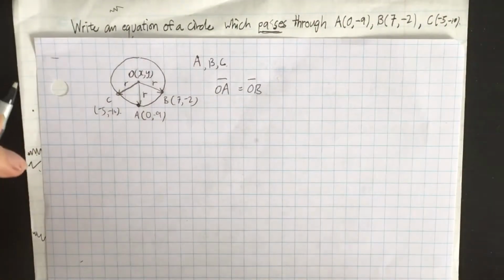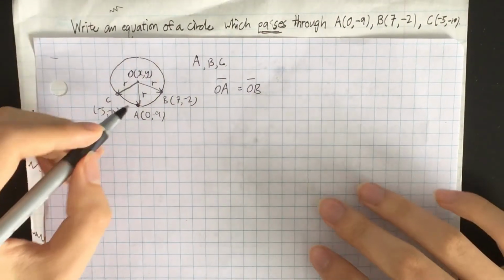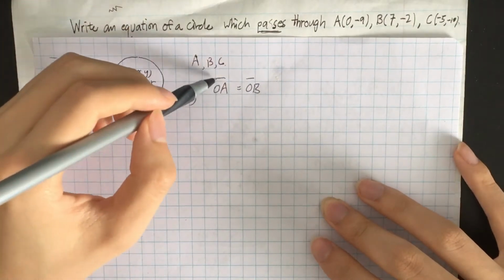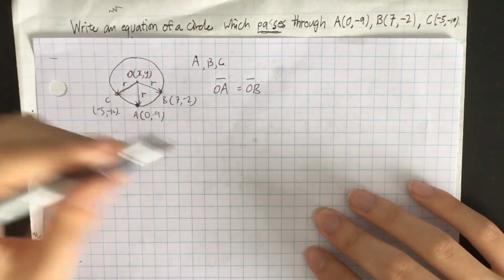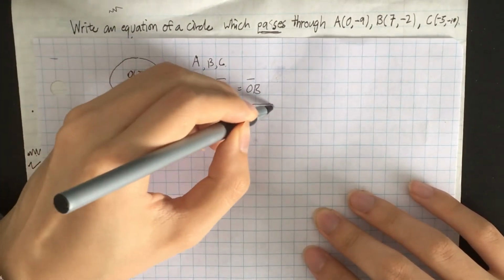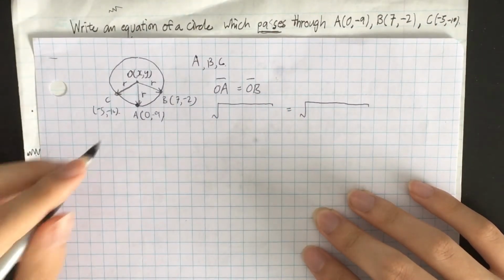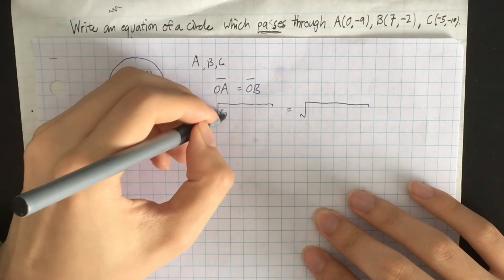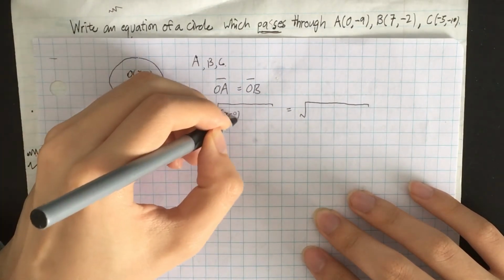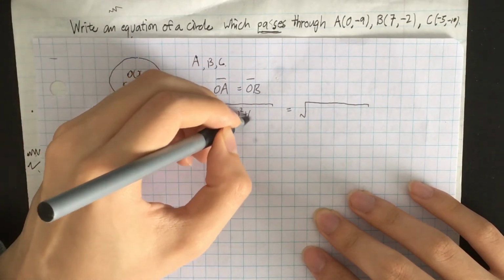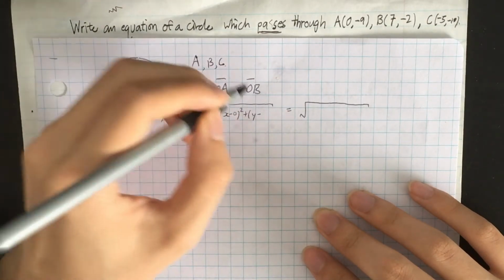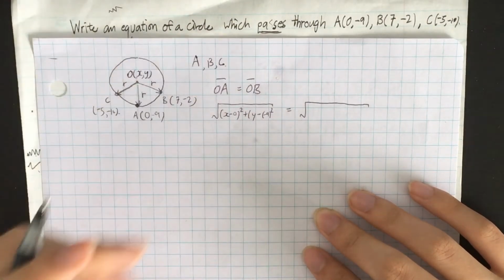Now to find the length of OA, we just use the distance formula, and we also use the distance formula for OB as well. And we have x minus 0 squared plus y minus 9 squared, right?